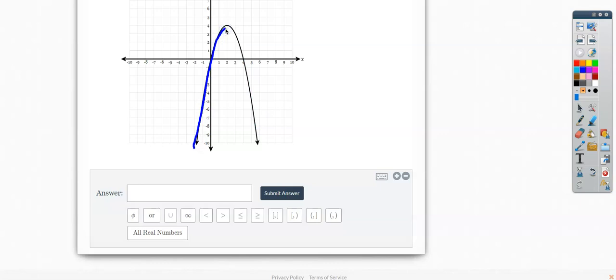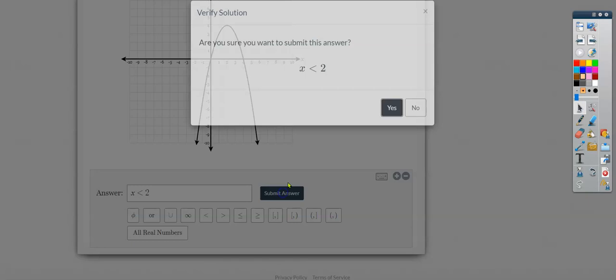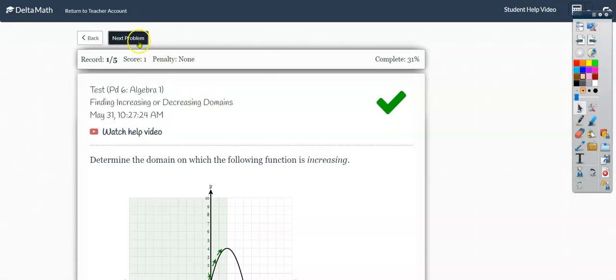That vertex or turning point is where we stop increasing. As soon as we get to number 2, we stop increasing. So when x is less than 2, all of that is the increasing section.